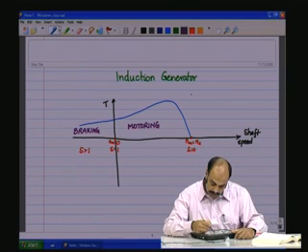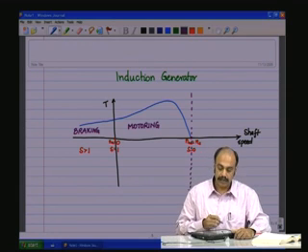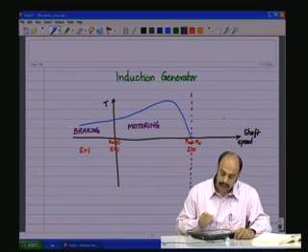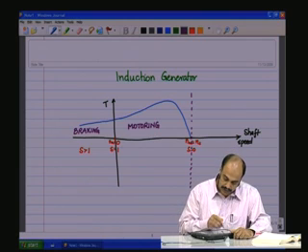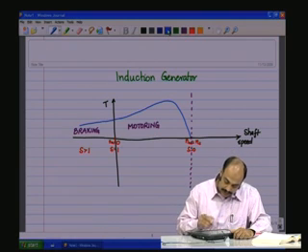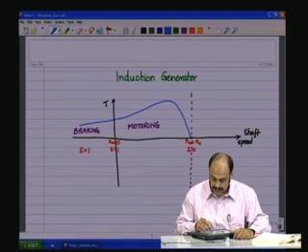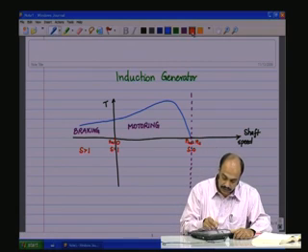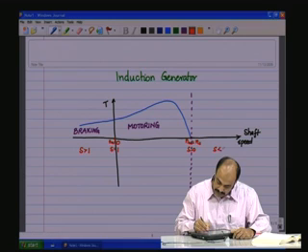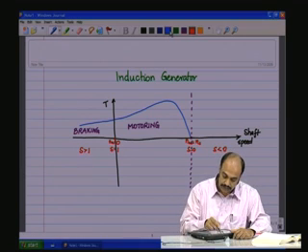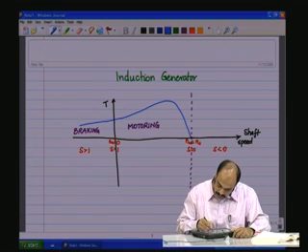And then beyond this point, that is beyond the synchronous speed point, we have the super synchronous speed domain, and that gives you a slip that is negative. That is, slip goes less than 0, that is S is less than 0, which means that it is in the generator mode.